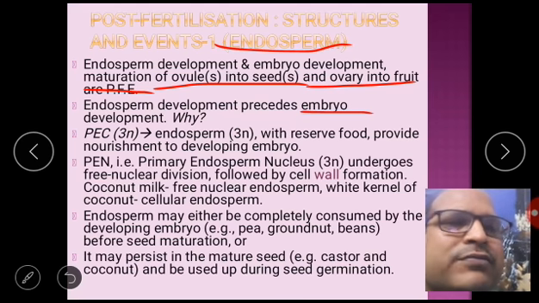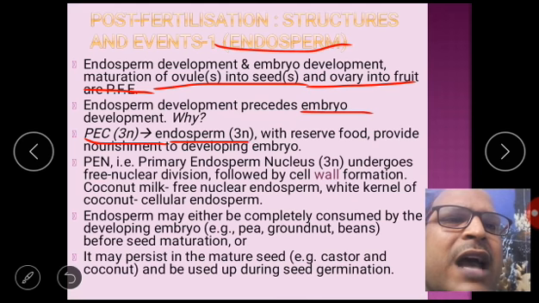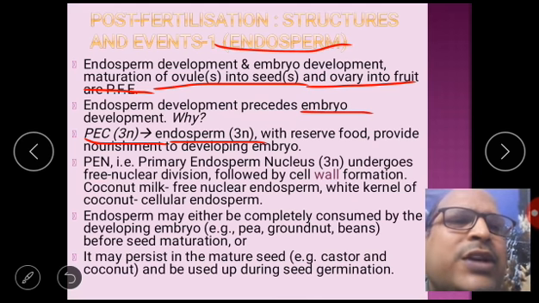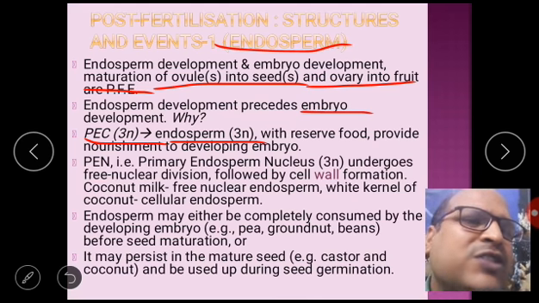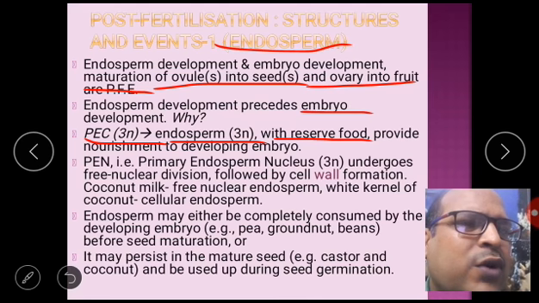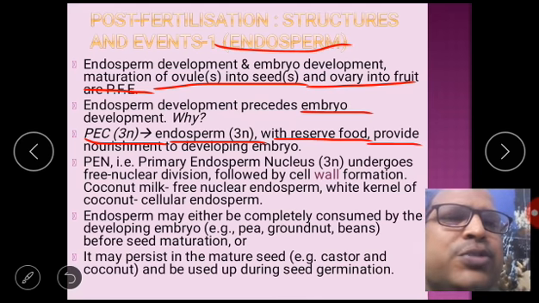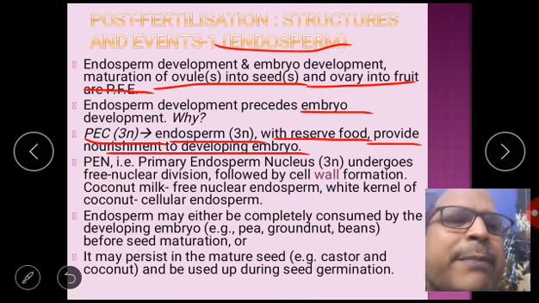Now see here, the primary endosperm cell, that is a triploid, produces endosperm, which is again a triploid with reserve food. It has reserve food, so it will provide nourishment to the developing embryo.